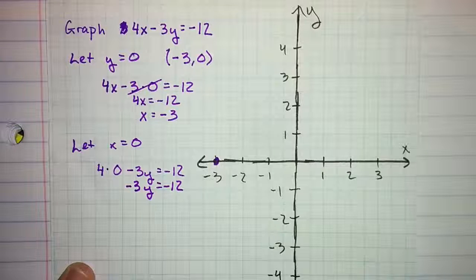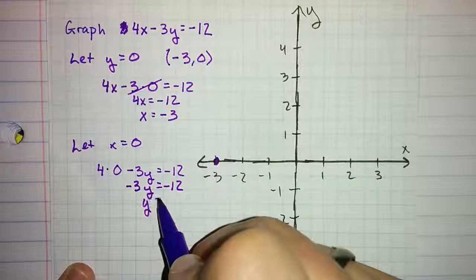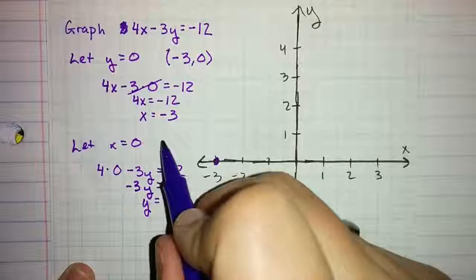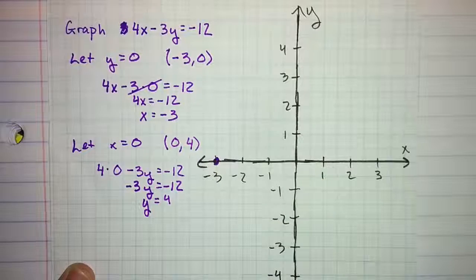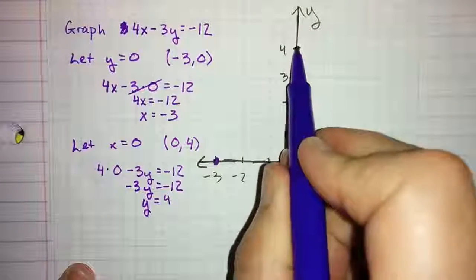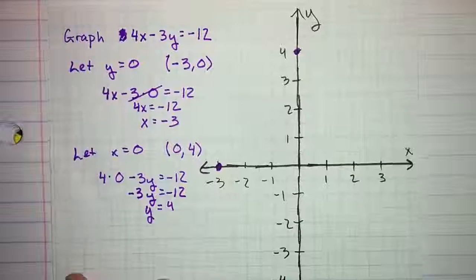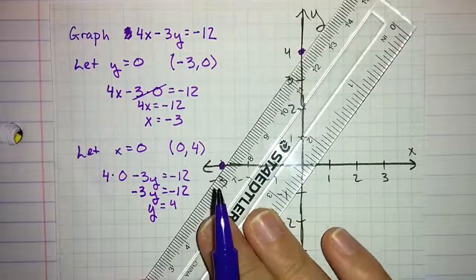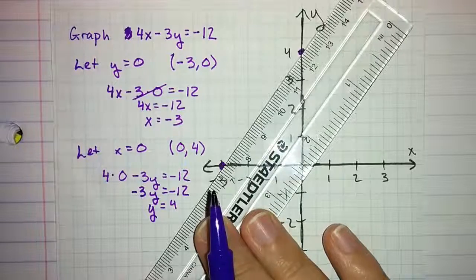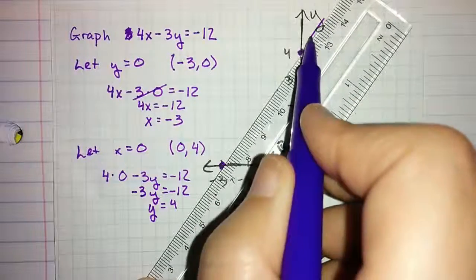Dividing both sides by negative 3, we get y equals 4. So this is the point x is 0, y is 4. Here we go. And that's 2 points. That's all we need to graph a line. Take our ruler and draw.